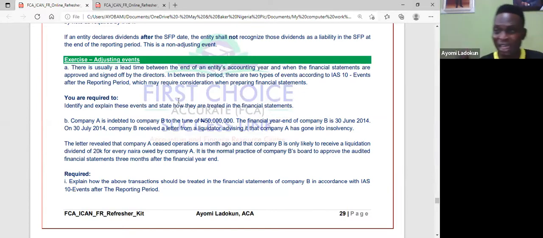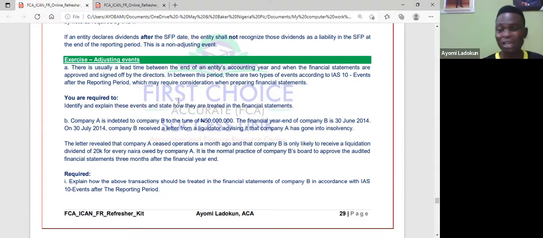We received the letter on 30th July, which is an event after the reporting period. And we're told that this guy went into liquidation a month ago, and that month ago was the year end, all right? So the inability of this guy to pay already existed at the balance sheet date, and as such, that is an adjusting event. Now it said that Company B is only likely to receive a liquidation dividend of 20 kobo. What does that mean?